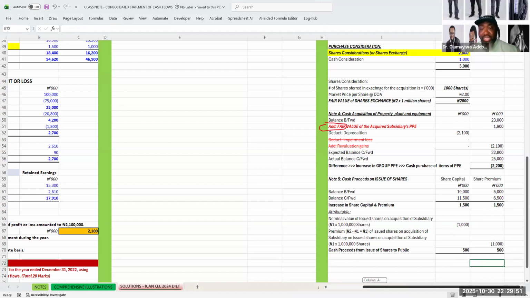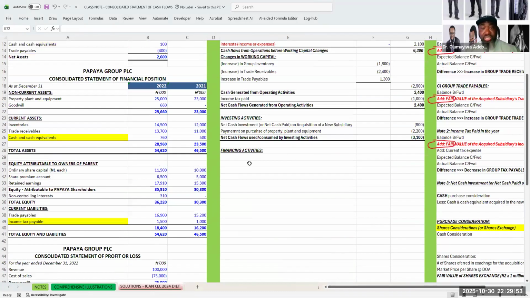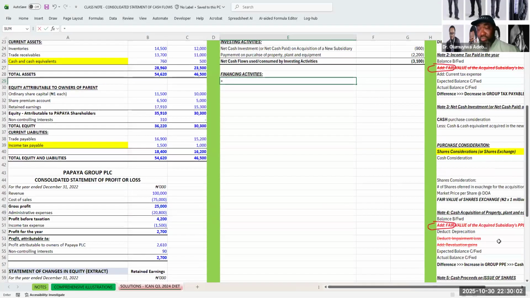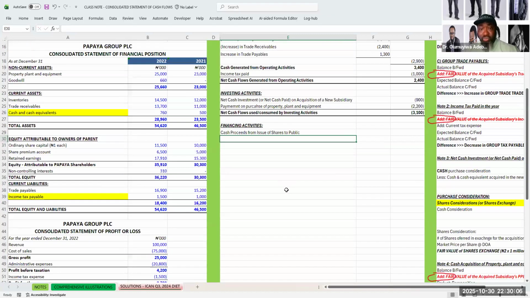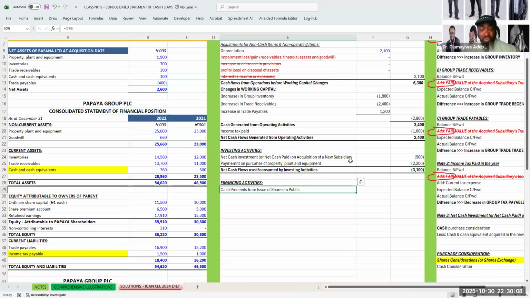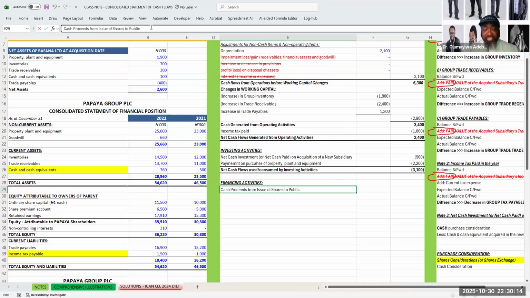Okay, therefore, I can easily come here. Proceeds on issue of shares. That is 500. Note 5. 500 plus 500.